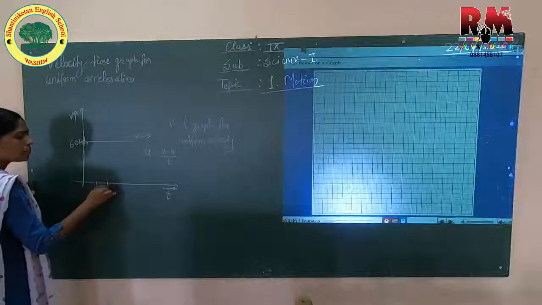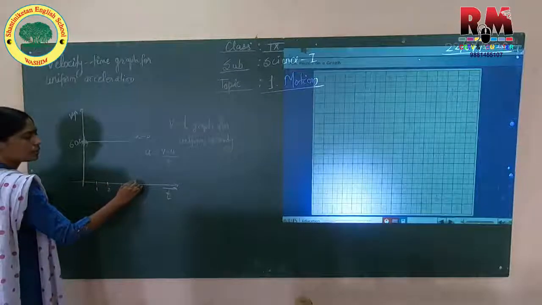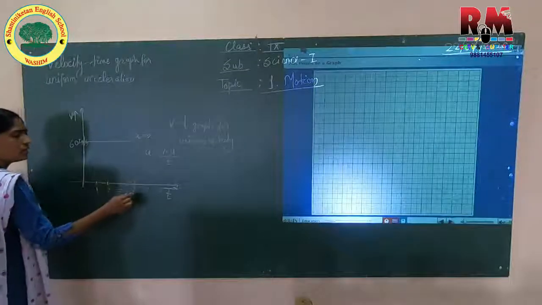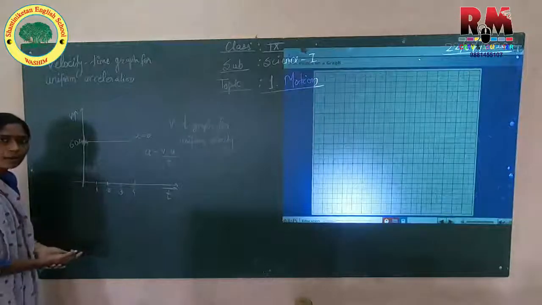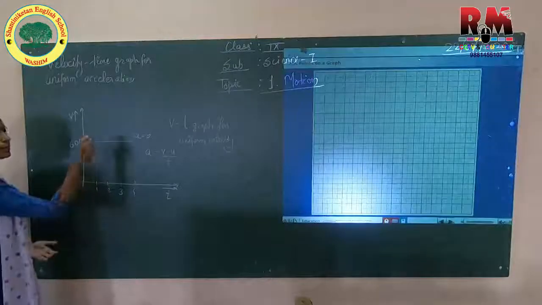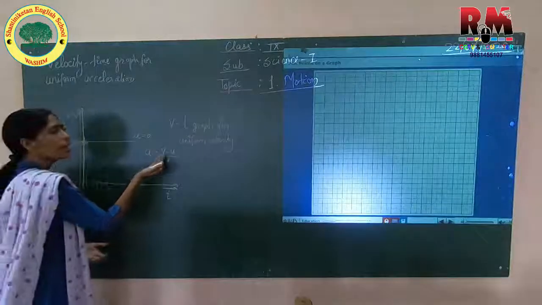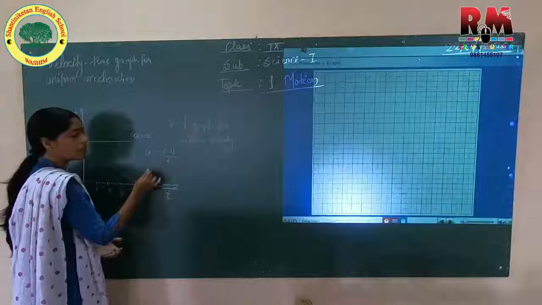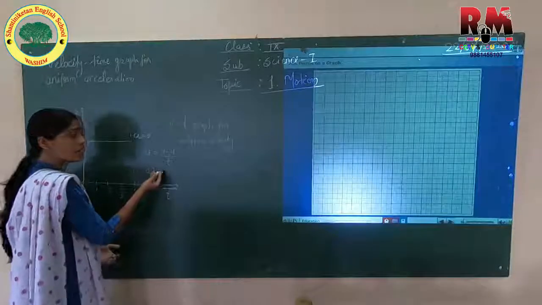So suppose in 1 hour, in 2 hour, in 3 hour and in 4 hour the velocity is not changing at all. Okay, or from initial to final time the velocity is not changing, hence no change in velocity, or I can say same velocity we are having.